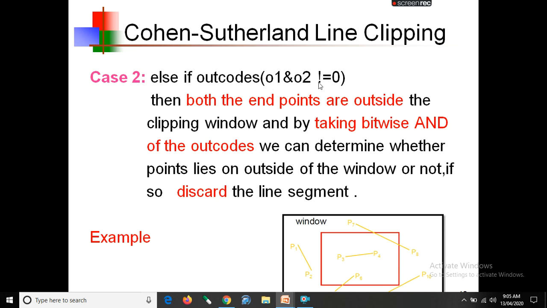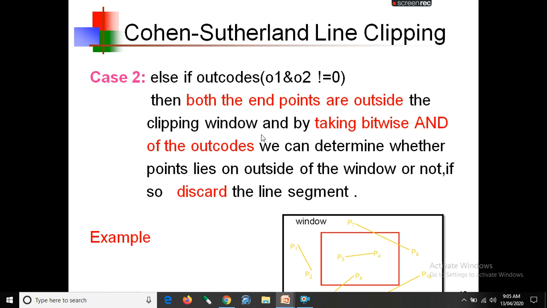Assume that the result of the bitwise AND operation is not equal to 0. What it means is that both the endpoints lie outside the clipping window. Then we need to reject, or discard, this particular line segment.